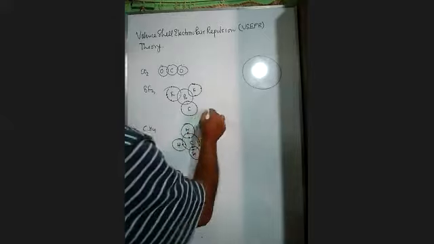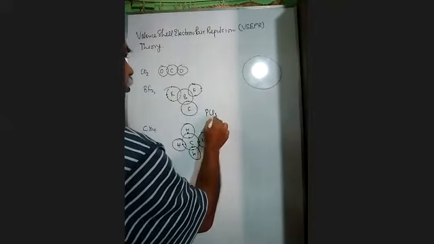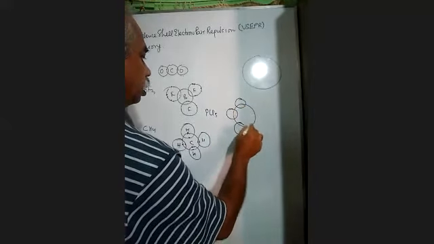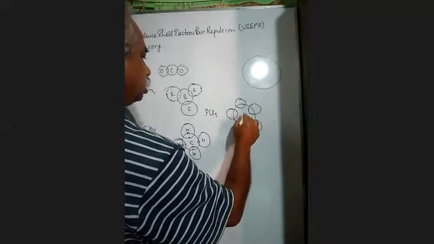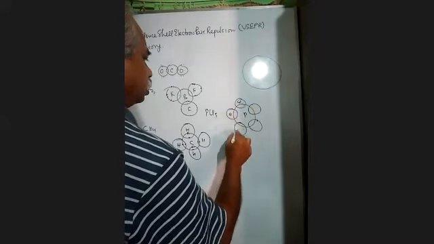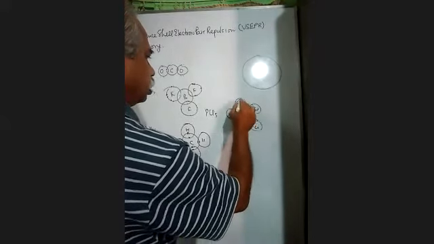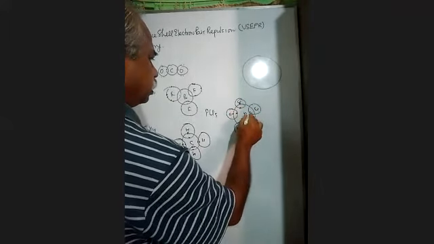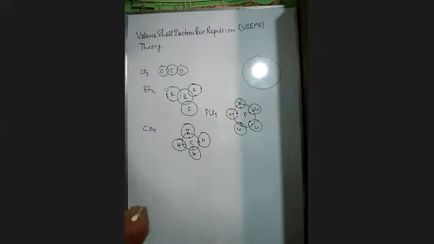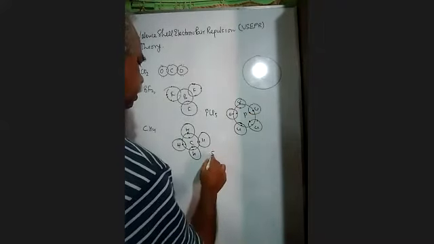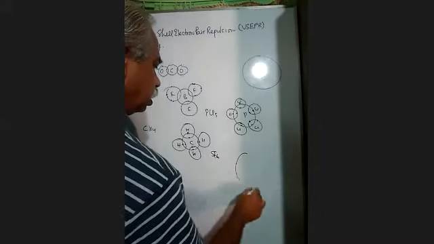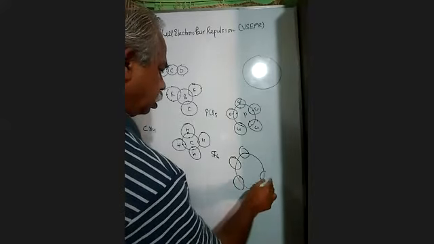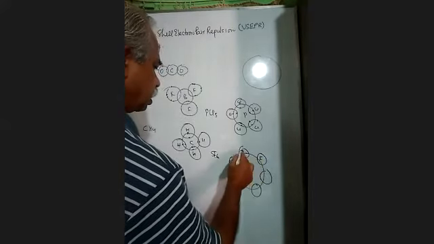When you have gone for PCl5, all the structure you have drawn. So this was the fluorine. I'm not putting the lone pair. This was PCl5. When you've gone for SF6, this is the structure.